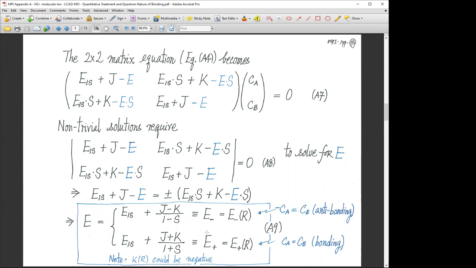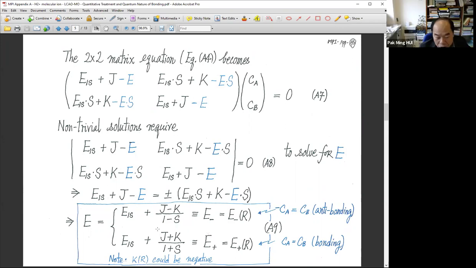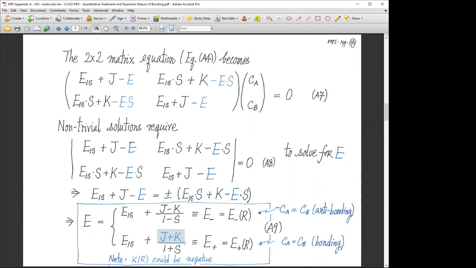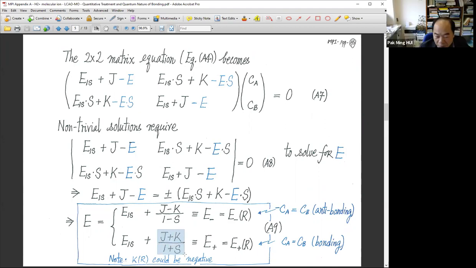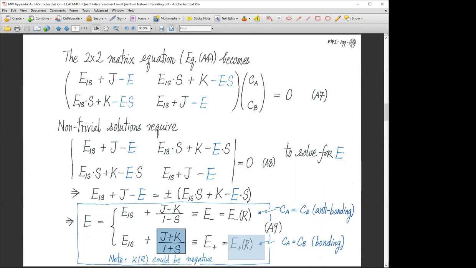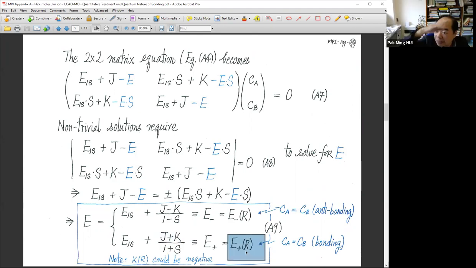So you have two answers. Let me remind you, J is a function of R, K is a function of R, S is a function of R. So everything is a function of R, thereby we know this as a function of R. That is our curve at the end, right?